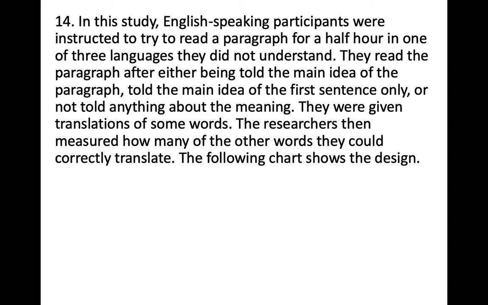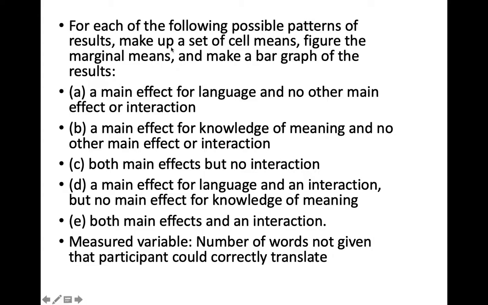When you look at this problem in the book, there's this 3x3 design, with cells, and your goal is to try to come up with a main effect for language but no other main effect or interaction; a main effect for knowledge of meaning, that's whether they were given the paragraph, the sentence, or nothing, and no other main effect; main effects but no interaction; a main effect and an interaction but no main effect for knowledge of meaning; both main effects and an interaction.